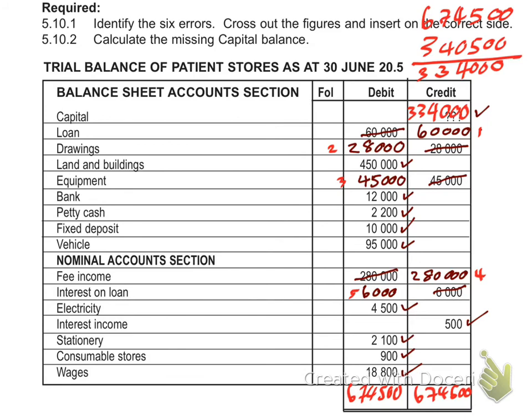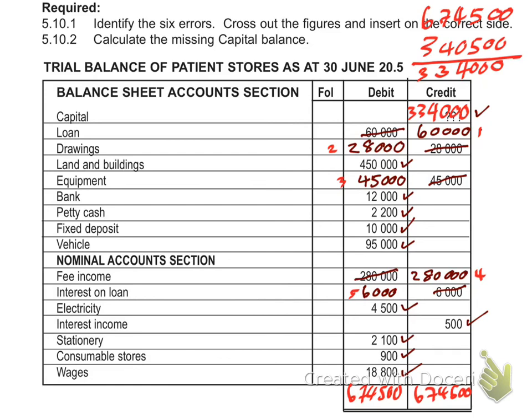And you need to know of the nominal accounts, right? It's only the loans and the capital that is on the credit side. All the other assets, and including drawings, are on the debit side. And then on the nominal accounts, only the income is on the credit side. And all the other expenses are on the debit side.